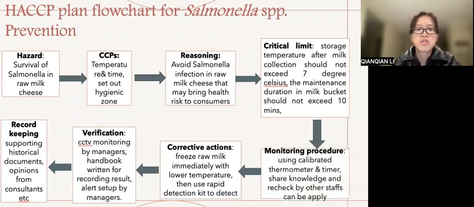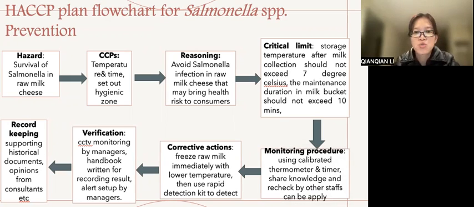And here is the domain that focuses on microbial prevention and Salmonella. There are 7 principles, 7 steps that we need to follow.